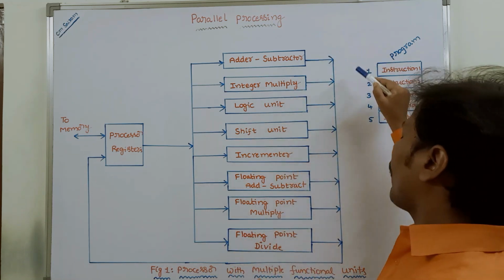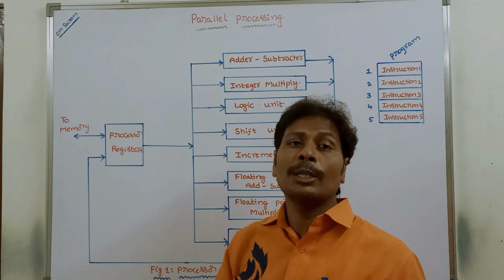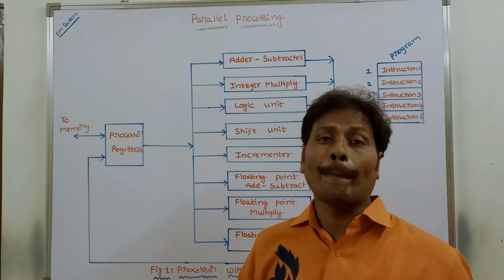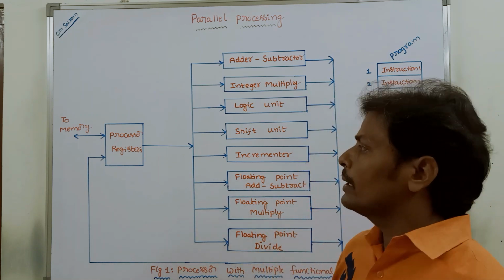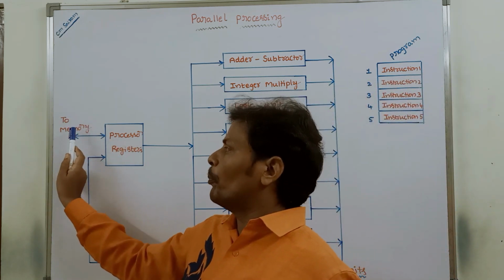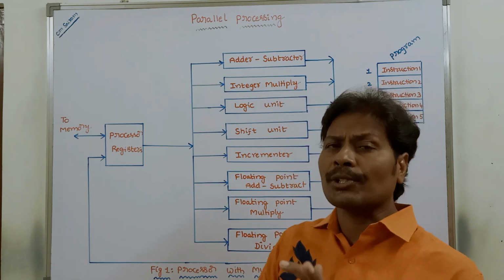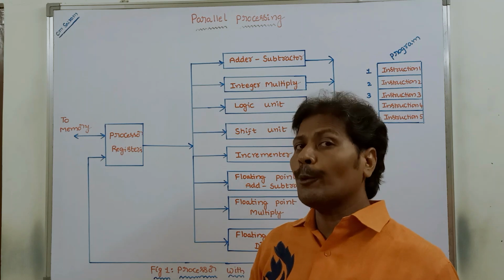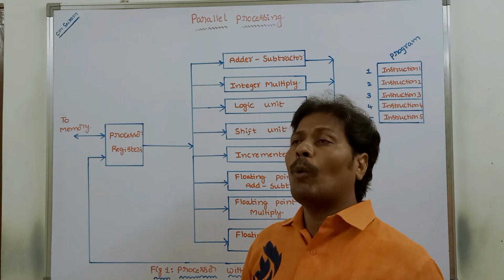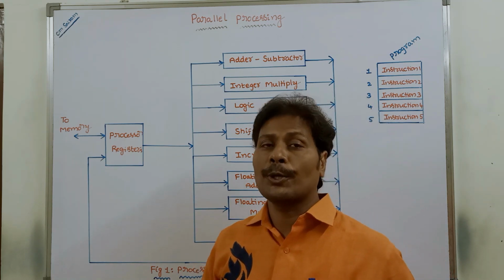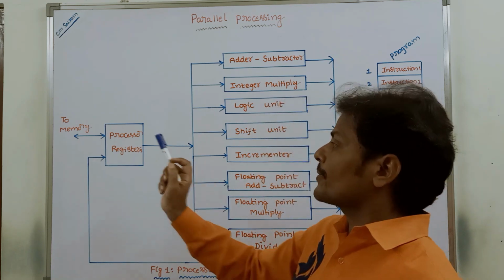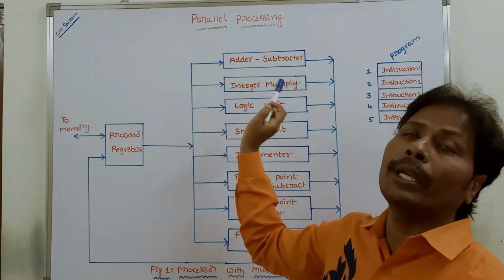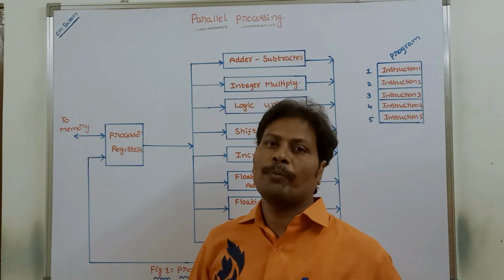After performing the operation, whatever result we get is also stored in the processor register. Next one, here the memory. First, the instructions are stored in the memory. To execute an instruction, the instruction can be sent from the memory to a particular functional unit that performs the operation.